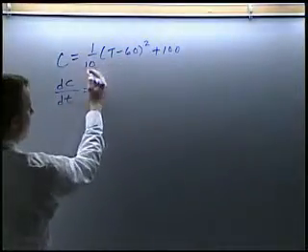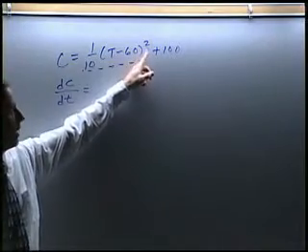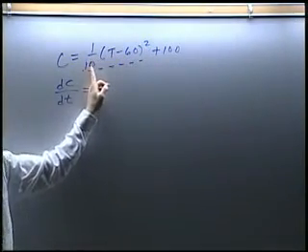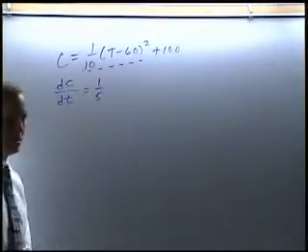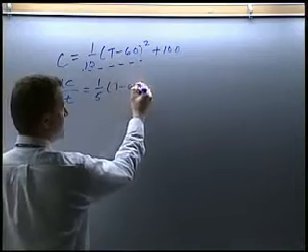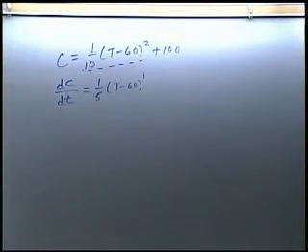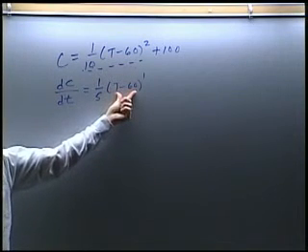Okay. What's my derivative of all of this right here? How do I take the derivative of something like this? Okay, I have to do a chain rule, right? First of all, the 2 comes out front, so 2 times 1/10 would be either 2 over 10 or 1 over 5. T minus 60 is now raised to the first. And then with the chain rule, what is the derivative inside of here?